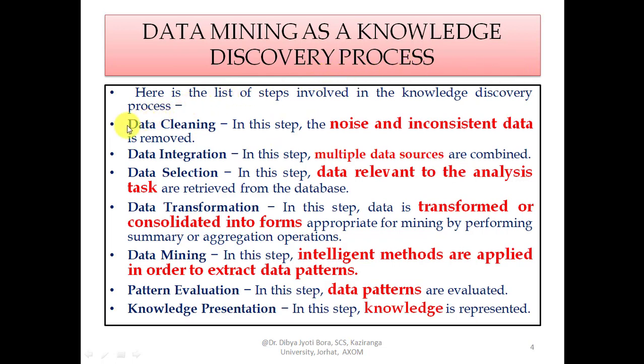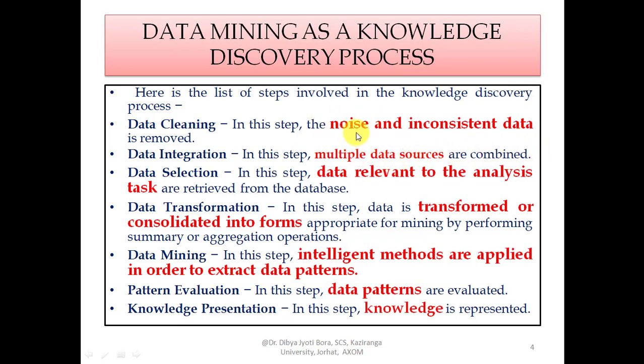So first, coming to the first step, that is data cleaning. This is sometimes also known as data cleansing. In data cleansing, what happens? The noise and inconsistent data is removed. As I have already said, here we are talking about a large data set. In that data set, maybe not all the data are important for us.